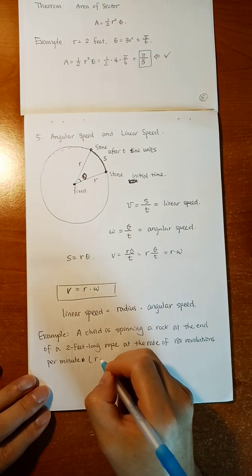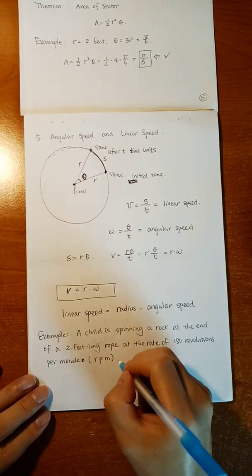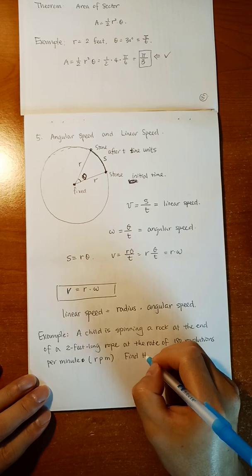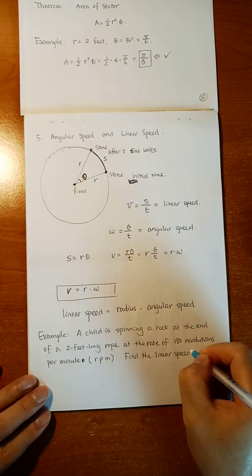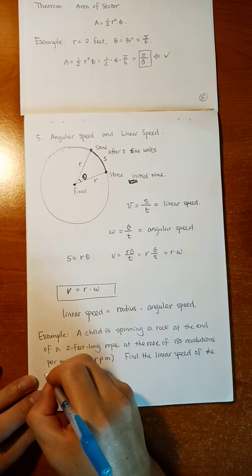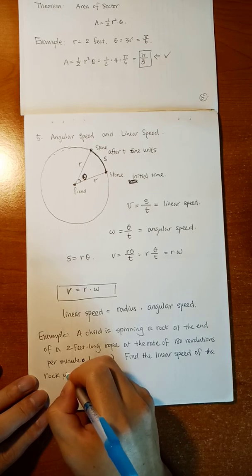This means rounds per minute, RPM. Find the linear speed of the rock when it is released.